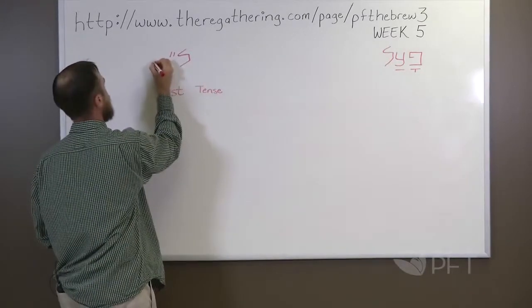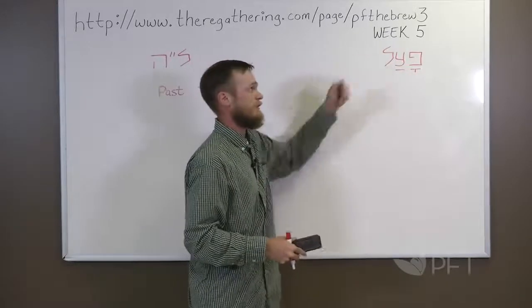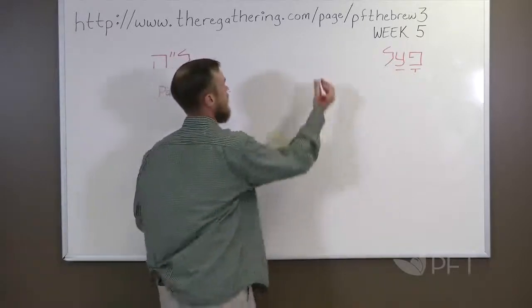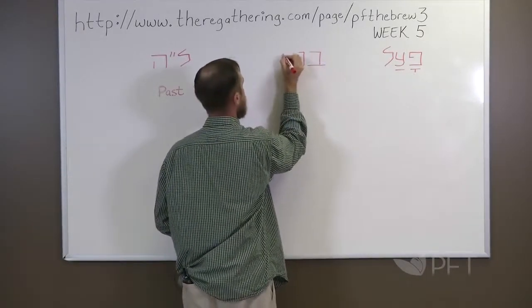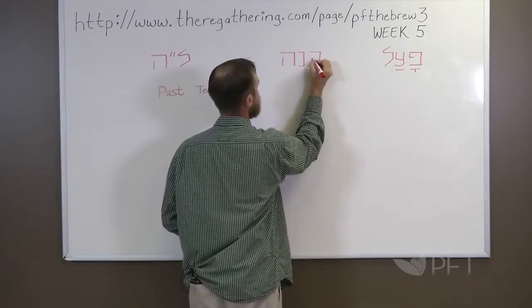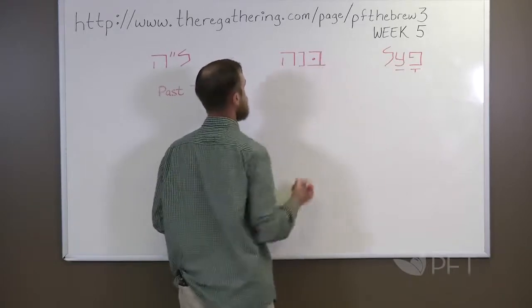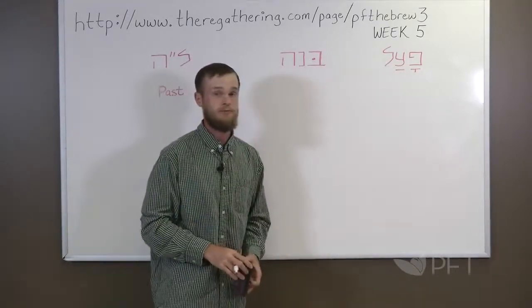Now I want to talk about the lamed hey, which is another sheet from week 5. Lamed hey gizra is any verb whose third radical is hey. The one I will use is beit nun hey, which means to build.